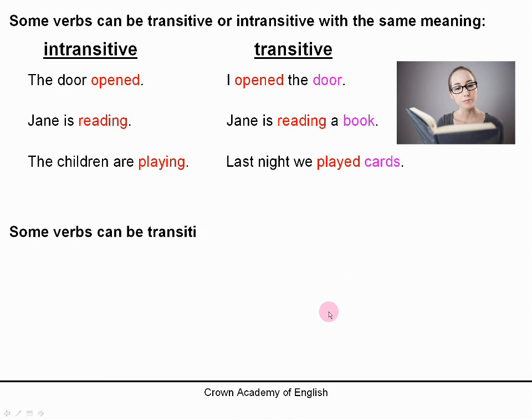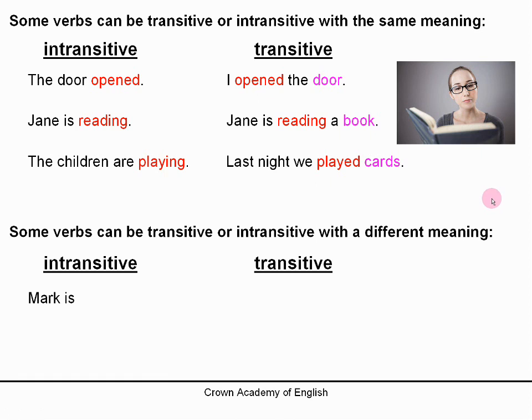And some verbs can be transitive or intransitive, but with a very different meaning. And one example is the verb sit. Intransitive, we can say Mark is sitting on a chair. And the meaning simply describes the physical position, sitting on a chair. But the transitive meaning is very different.